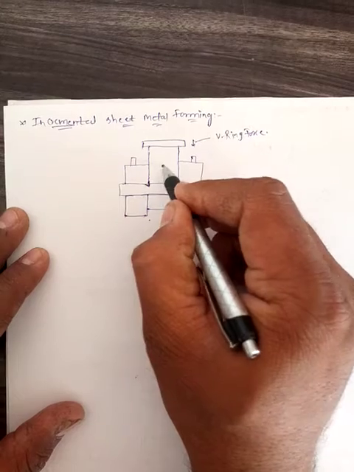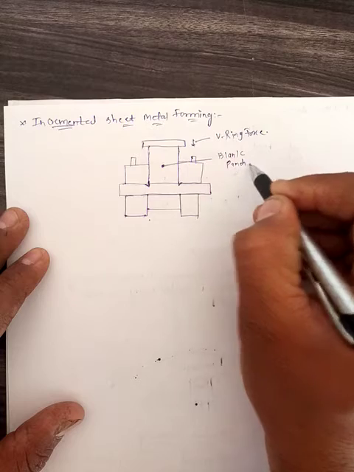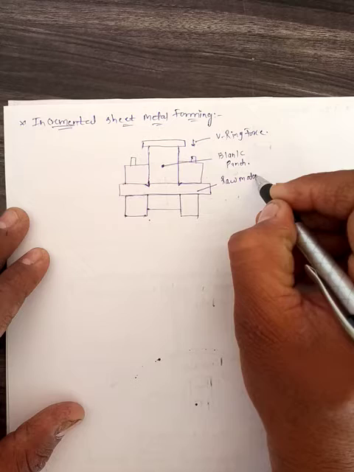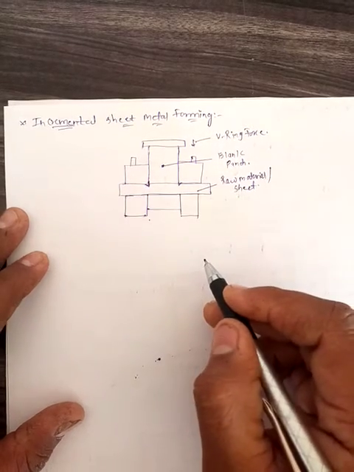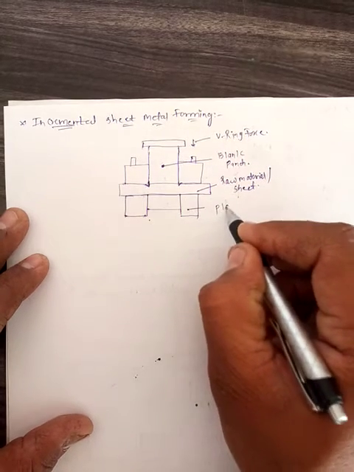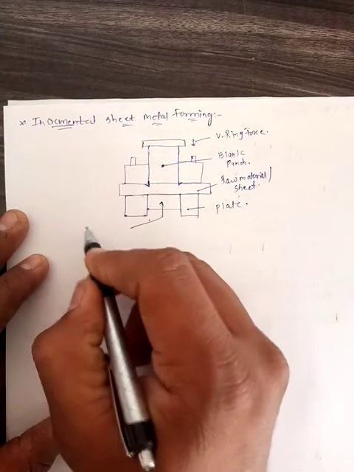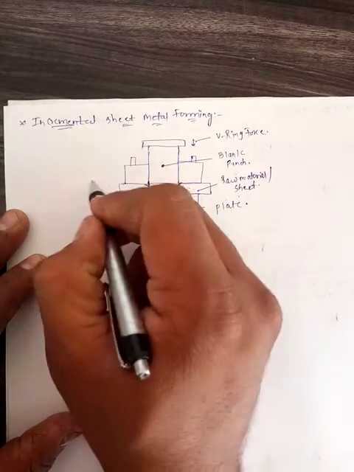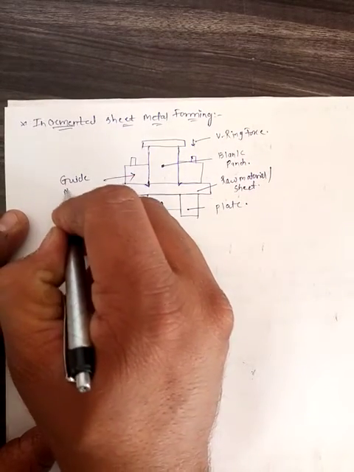Okay, this is the blank punch. This is the raw material or sheet. This is a plate. This is the ejector, and this is a guide plate.